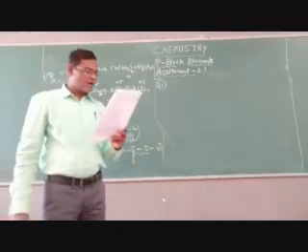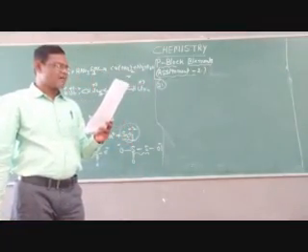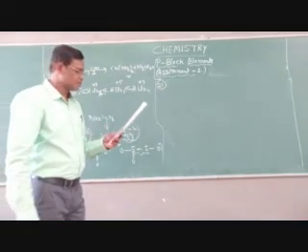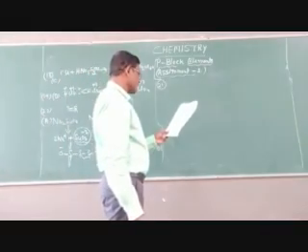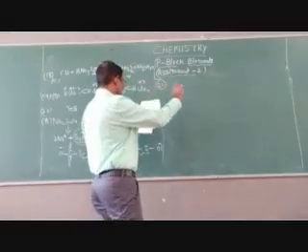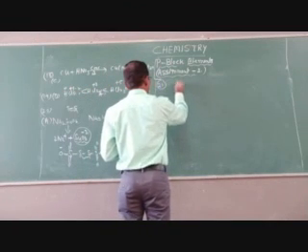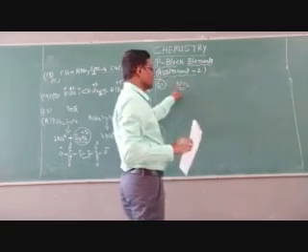Next, children, 21. The species in which the nitrogen atom is in a state of sp hybridization. In the given species, which nitrogen atom undergoes sp hybridization? Now see, children, the given compounds are here. One of the compounds we can take is NO2, whose central atom is the nitrogen atom.